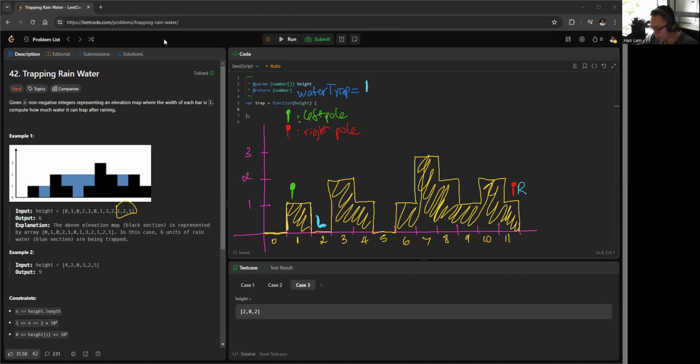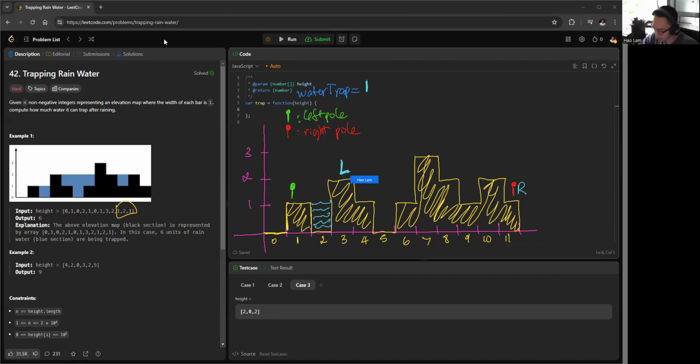We can keep moving the left and right pointers. We always move the shorter one, which is the left here. So left goes to here, and this is the water trap we already saw earlier. Now, after we increment the left pointer, the left pointer has a higher height compared to the left pole, which means there shouldn't be any water trap because the left pointer is higher.